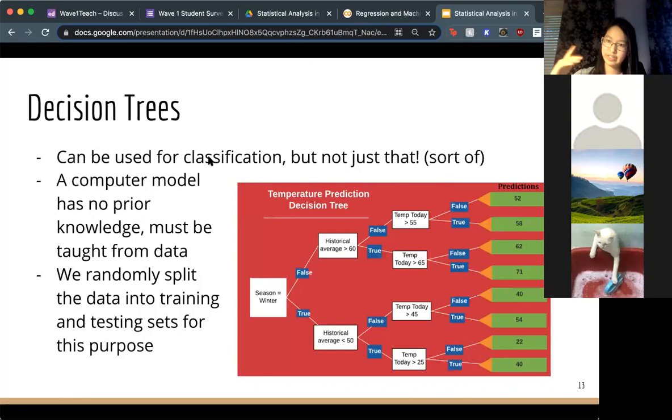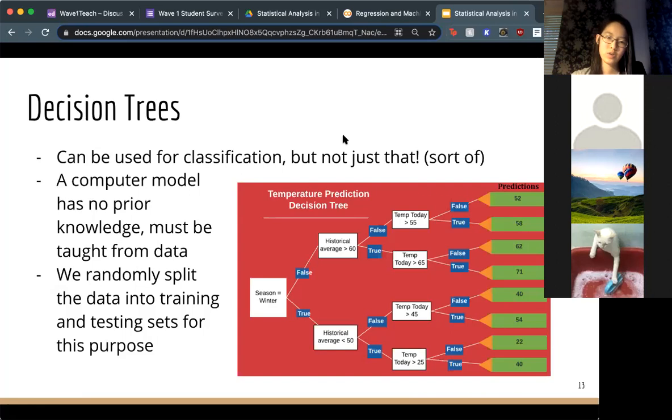You can use it for predicting tomorrow's weather, given these conditions. But that's really the basis of what a decision tree is. That's basically what you are looking for when you're talking about this.